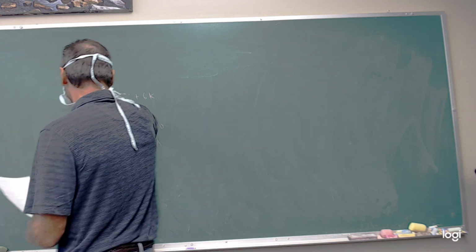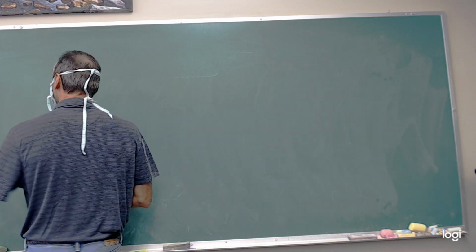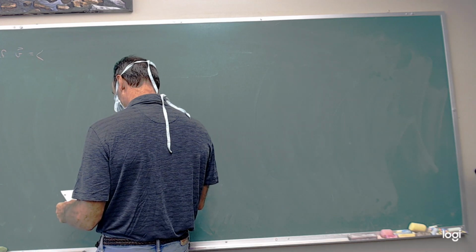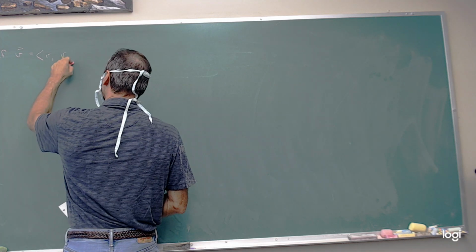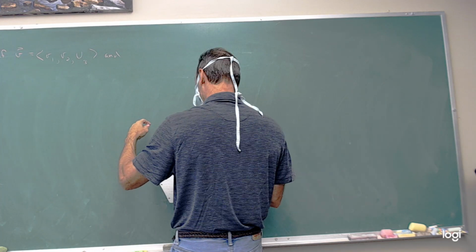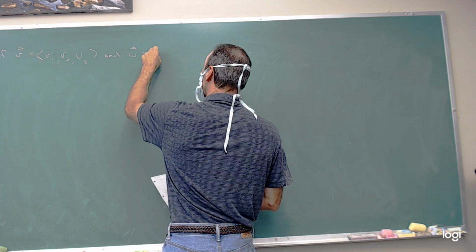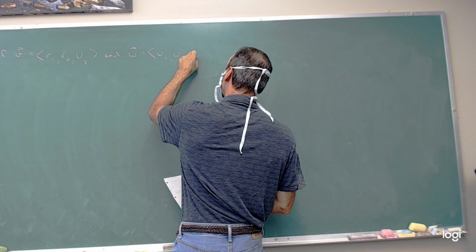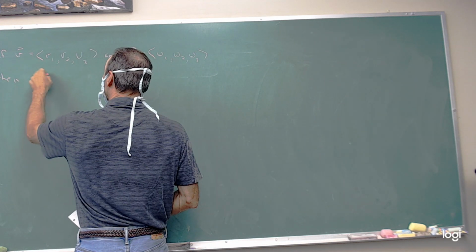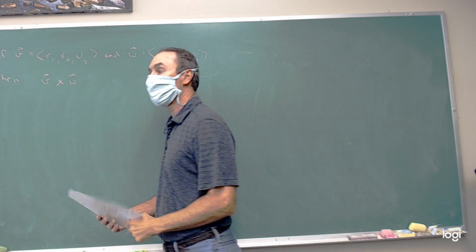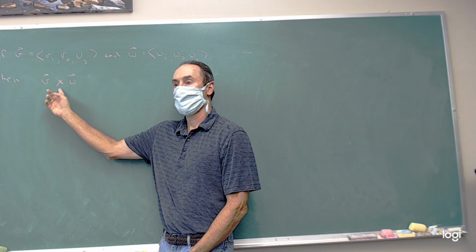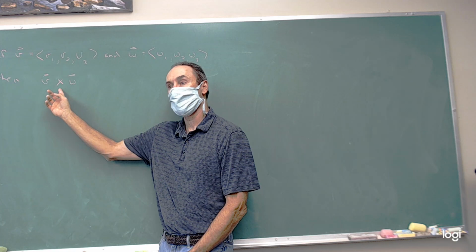So if vector v is v1, v2, v3, and vector w is w1, w2, w3, then we define v cross w, and we write this with a big X, like you're back in elementary school when you first learn how to multiply and write 2 times 3 as 2 big X times 3.